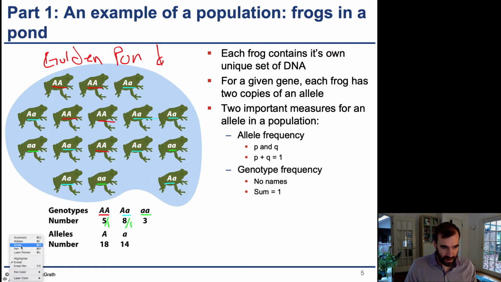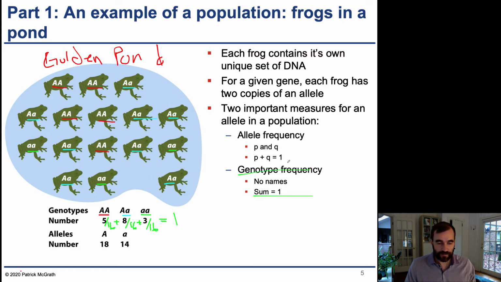So the genotype frequency is just a simple division of the number of animals that have each genotype. So 5/16 is the capital A genotype frequency, 1/2 is the heterozygote frequency, and 3/16 is the homozygote recessive. You'll notice that if you add these numbers up, they add up to 1. That's one of the things about genotype frequencies: the sum is equal to 1.